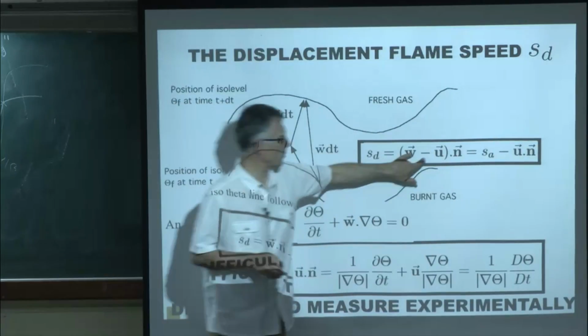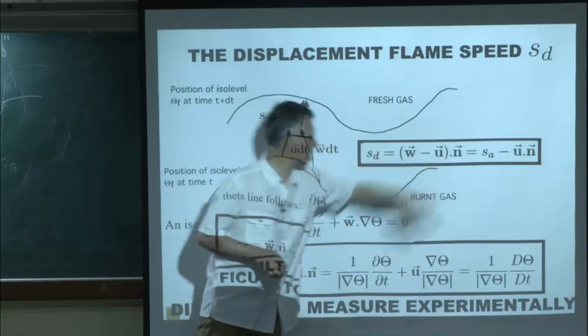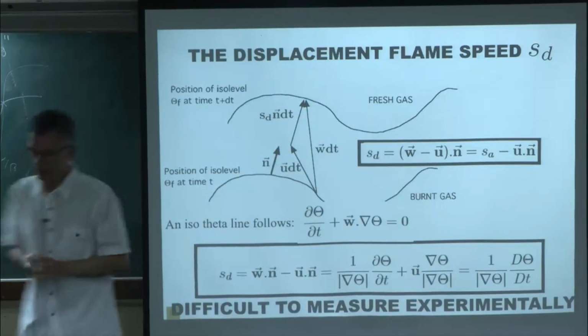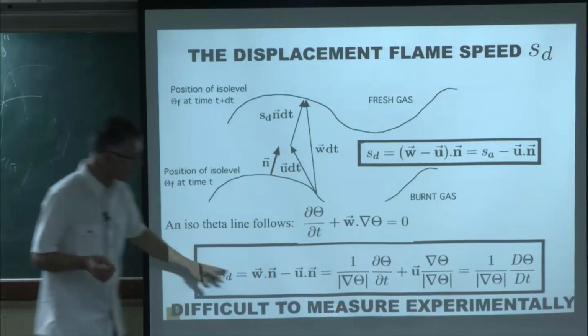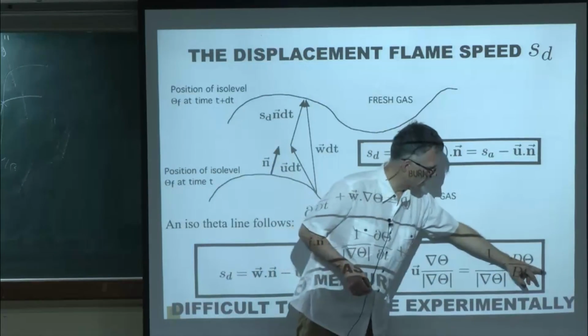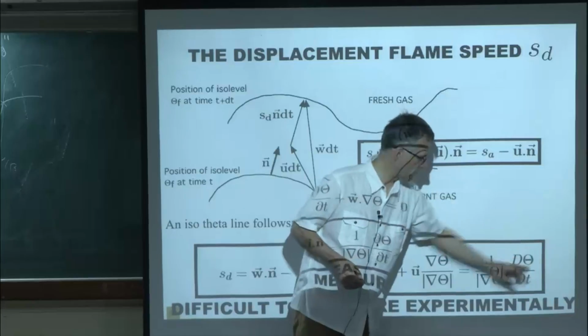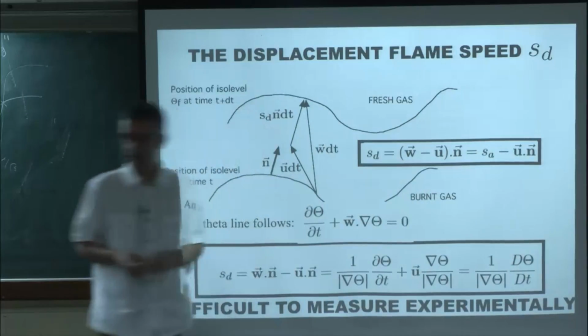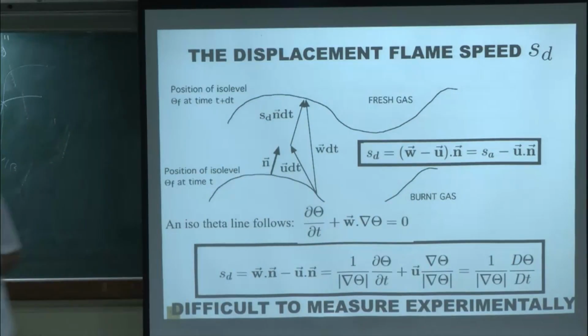And you do the difference between two large numbers, and that gives you the displacement speed. The displacement speed can be obtained in a code quite easily because it's basically this expression, all the right-hand side terms. So in a code, getting the displacement speed is actually easy. In an experiment, it's quite difficult.